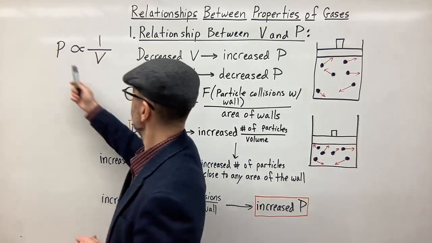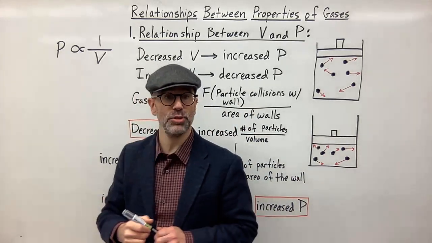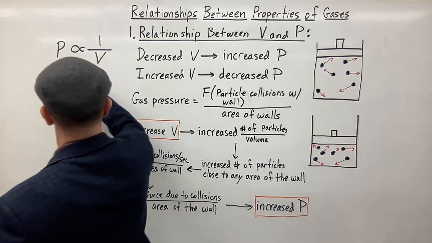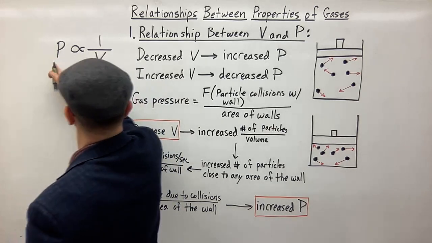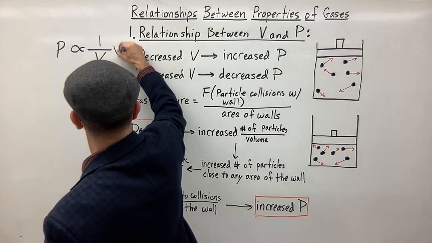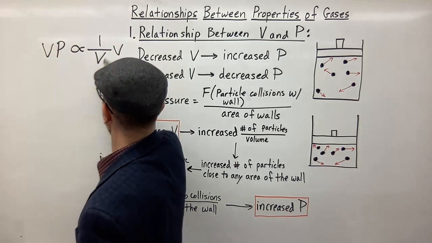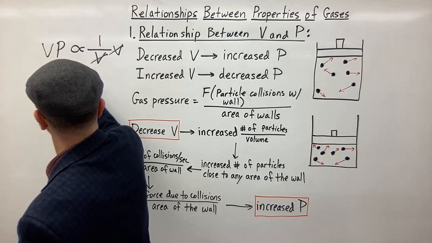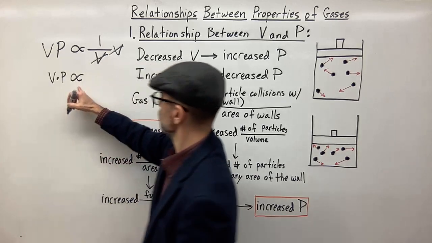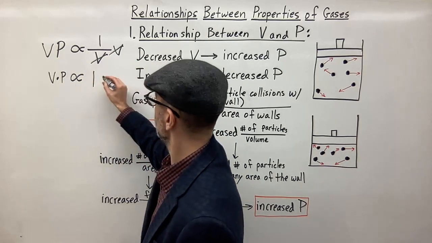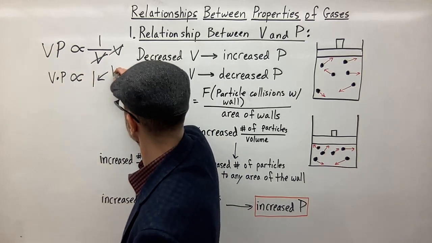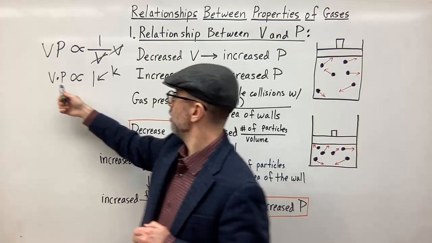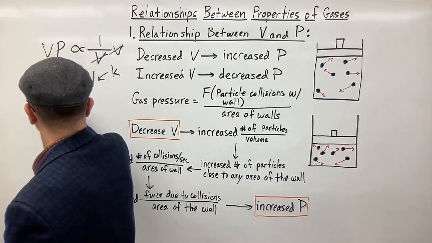Since pressure and volume are inversely related to each other, if I put volume and pressure together, if I multiply by volume on both sides, that cancels out, and now V times P is going to be proportional to some constant, a proportionality constant for this relationship, volume times pressure. And so that gives us Boyle's law.